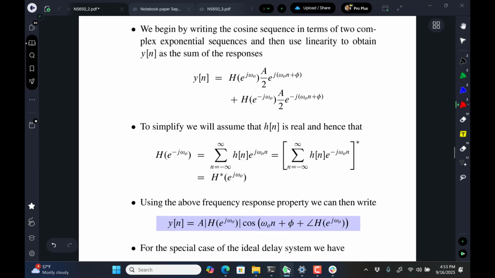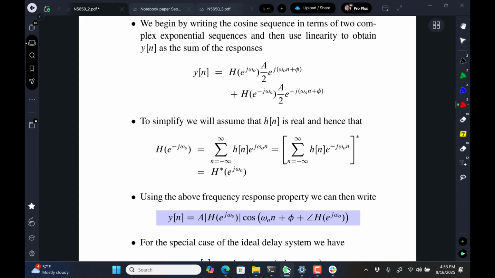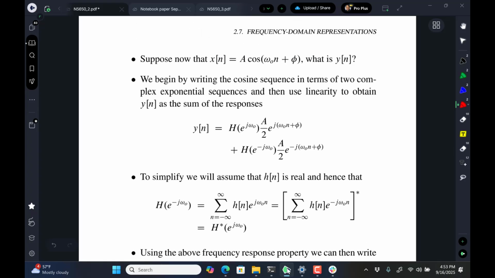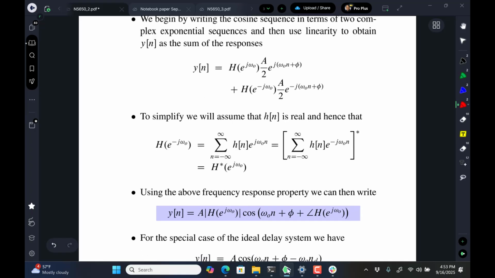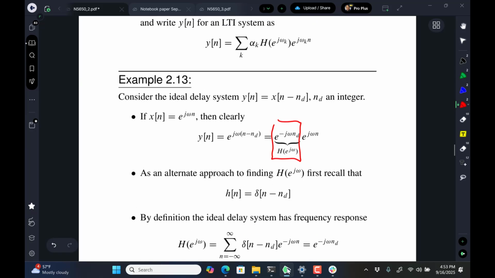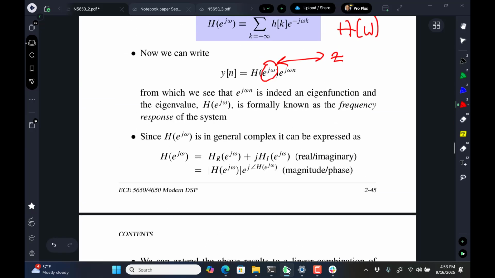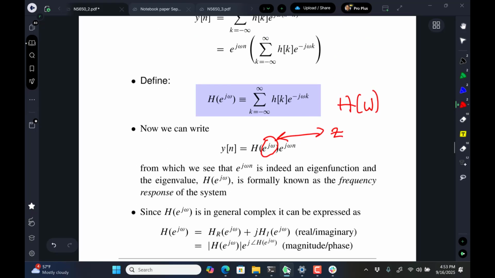I mentioned this last time, and we went through it. I'm going to just detail it a little bit more. If we want to look at, instead of the complex sinusoid, a real sinusoid, such as cosine of omega naught n plus phi, we can break that, from Euler's identity, into a positive and negative frequency complex sinusoid, and then we can use the linearity fact that we have linear time invariant systems, so we can superimpose.